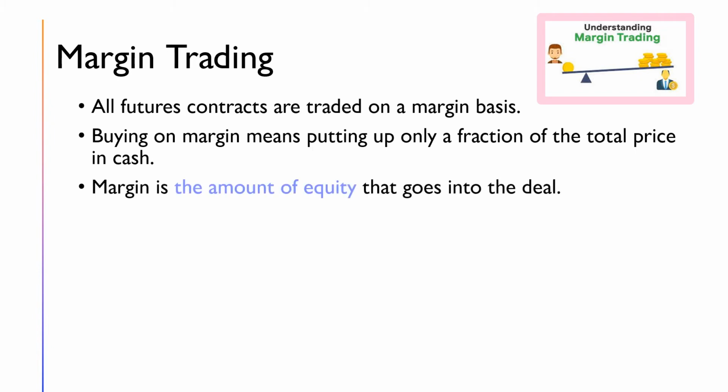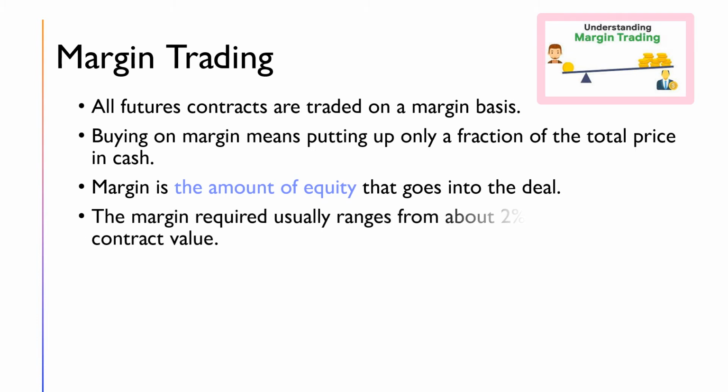The margin is a collateral held against the possibility that the trader may not be able to meet the contractual obligations. The margin required usually ranges from about 2% to 10% of the contract value. The clearinghouse stipulates the minimum initial margin that must be deposited.